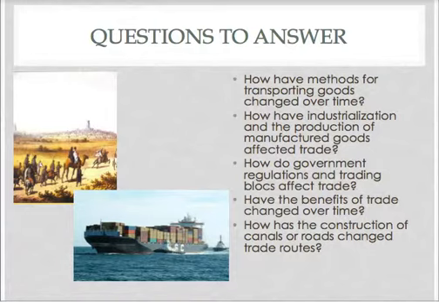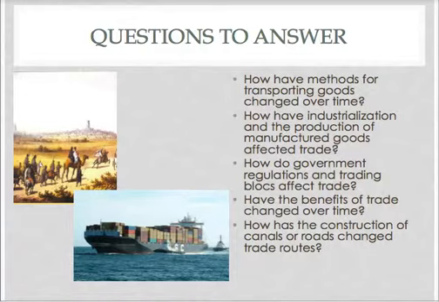So how have methods changed over time? And how have industrialization and the production of manufactured goods affected trade? Remember that industrialization is the creation of factories and the advancement of technology.